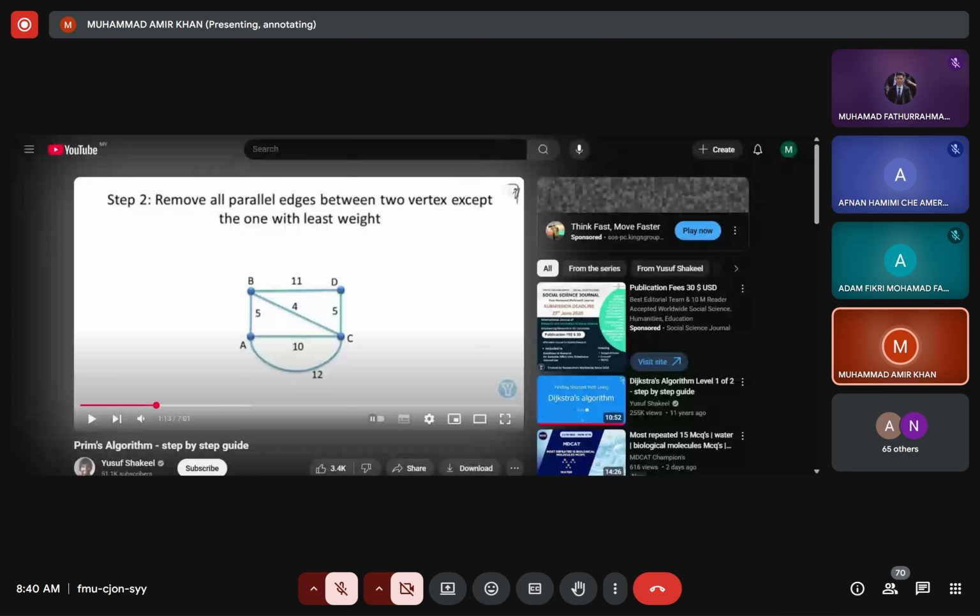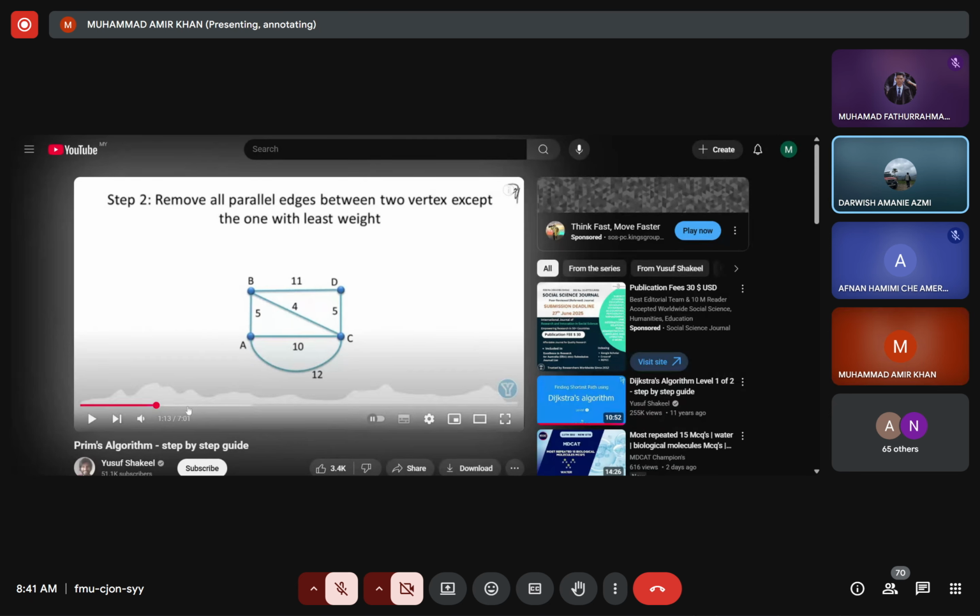Only A and C. A to C and A to C again, with weights 10 and 12. BC is not parallel because BC is only one edge. For AC we have two edges: A to C with weight 10, and again A to C with weight 12. Understand?